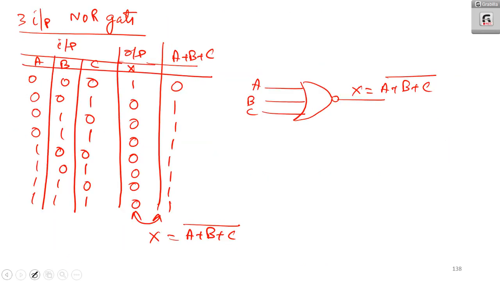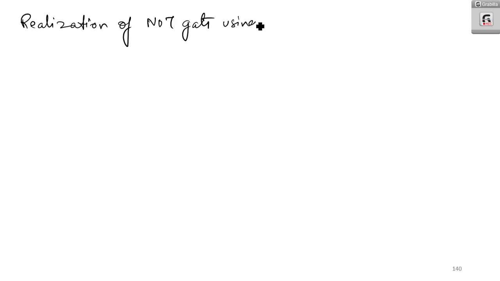Okay. So coming to the next part of this lecture, the next part is realization of NOT gate using NOR gate.